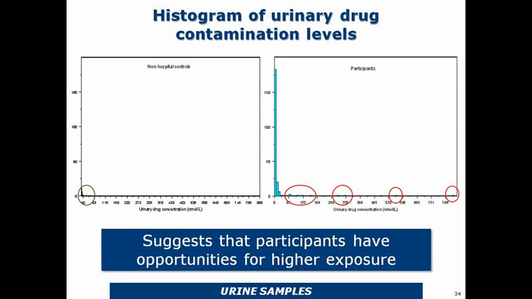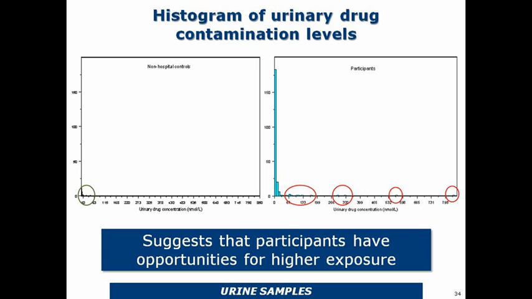Now, in terms of the urinary contamination level, we did have controls here, because we wanted to make sure that it was related to occupational exposure, and urine is a very finicky matrix for those who've worked with it. The controls are non-hospital controls that were representative of our study population in terms of age and sex. And you can see here that they're all bunched on the left-hand side, relatively low levels of contamination.